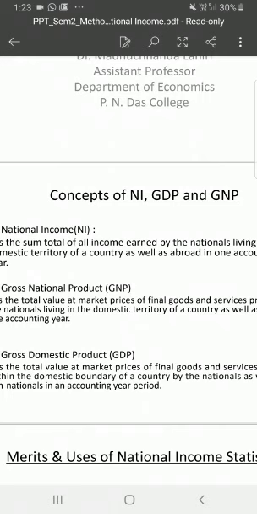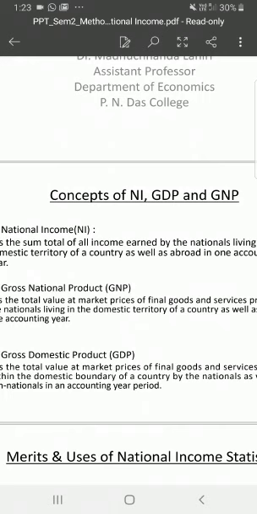Now one more thing is there, the gross and the net concepts. Gross national product and net national product, GNP and NNP. Now how do we move from the gross to the net values for the same concept? This can be done by subtracting depreciation or capital consumption allowance.